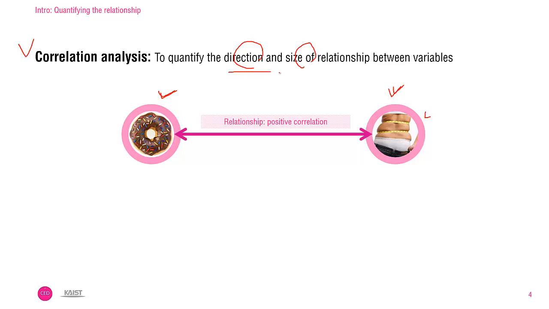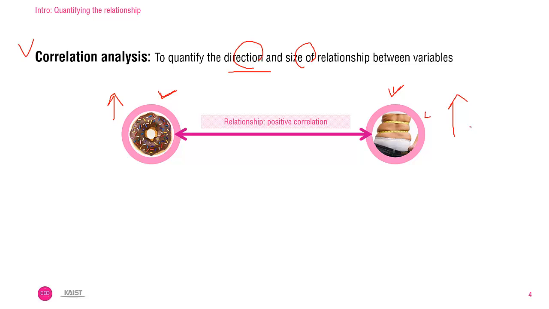Direction means whether the increase or decrease occurs together or in an opposite way. The increase of donuts occurs together with the increase of weight, or vice versa. As another example, when you study more, your grade will be higher. So the relationship between study hours and exam score is a positive relationship.